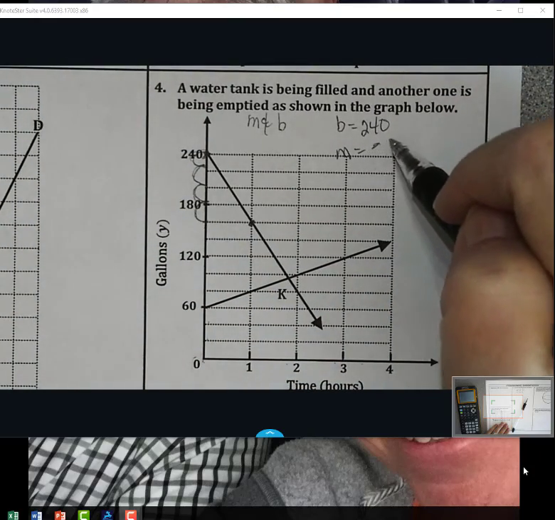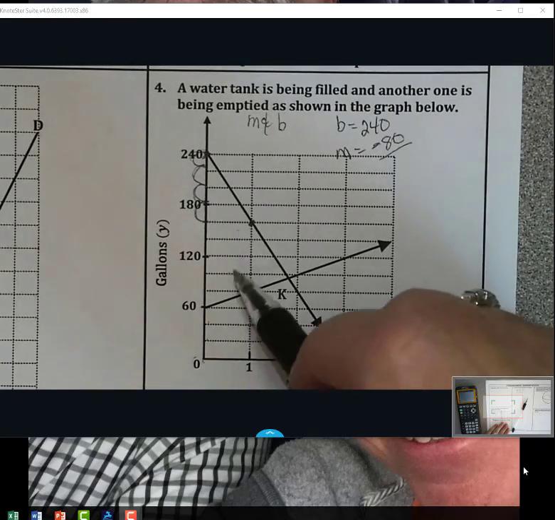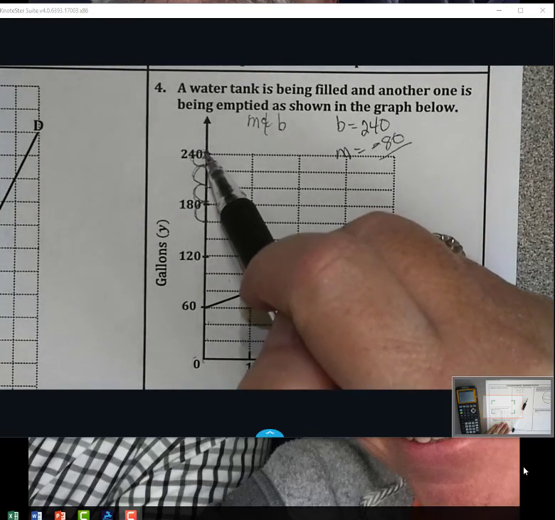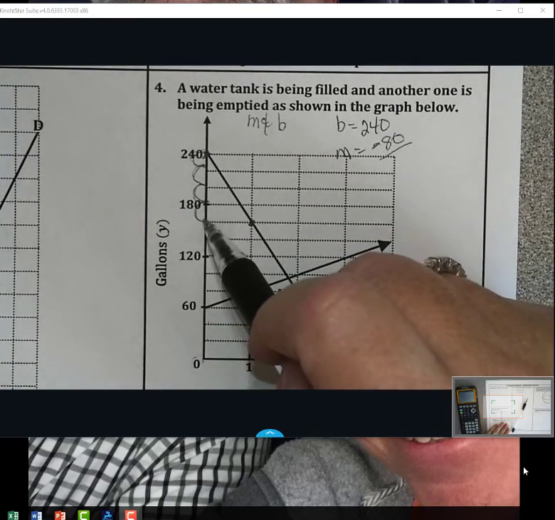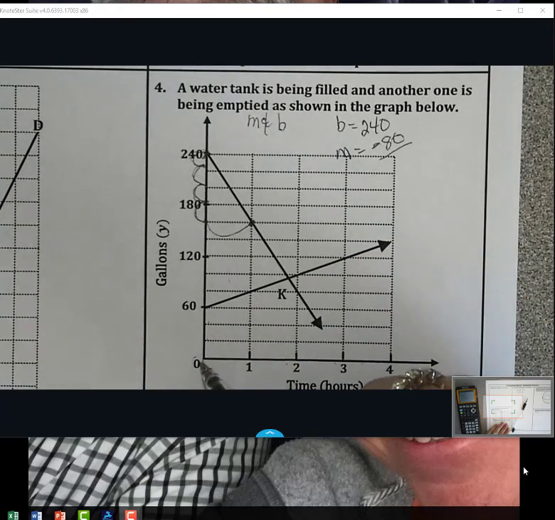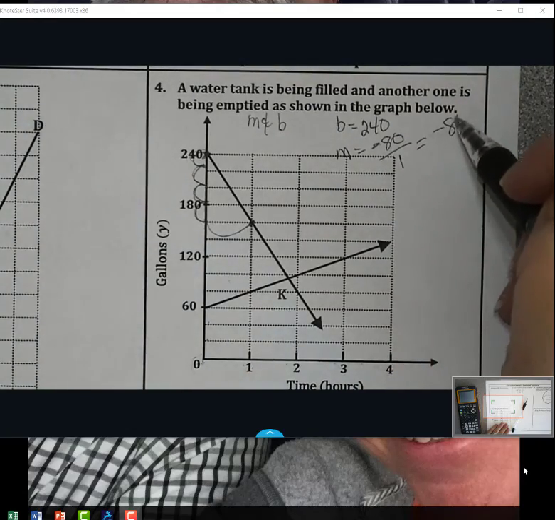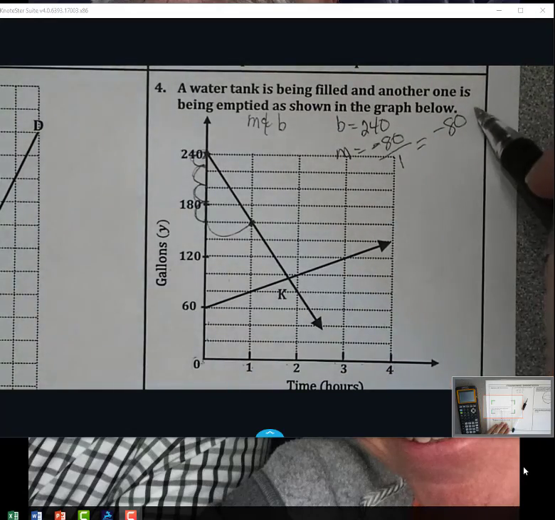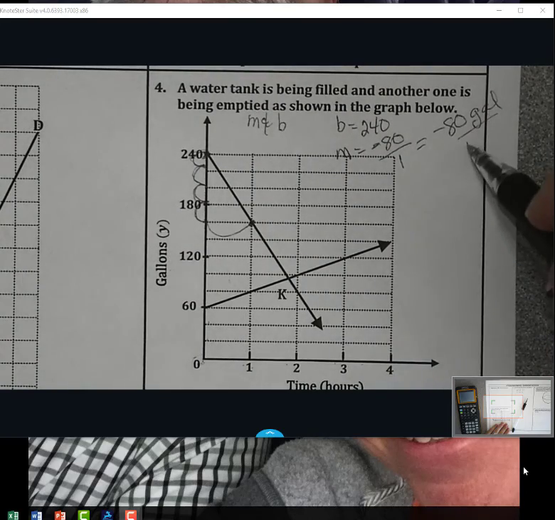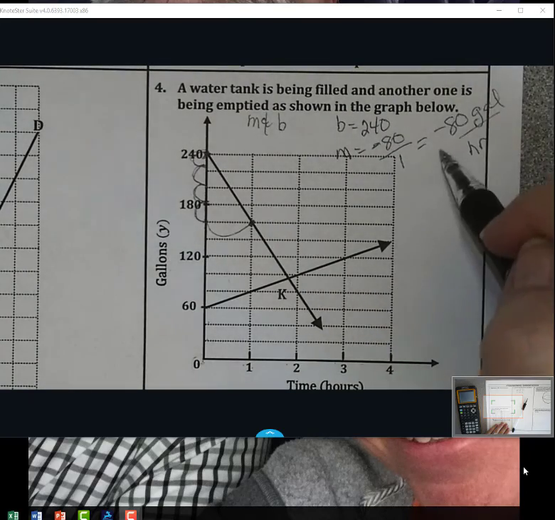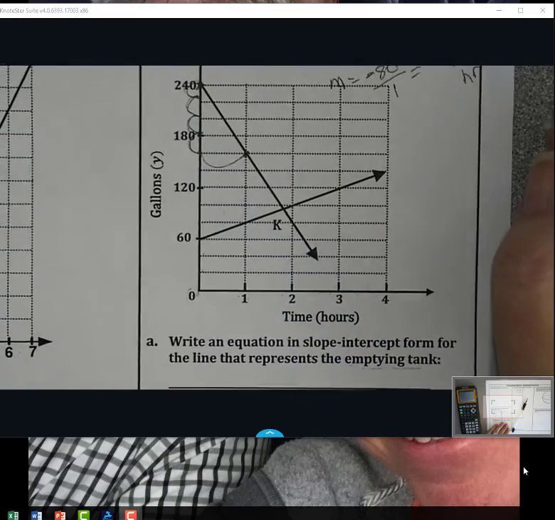Therefore, that would be a negative 80 over, okay, because if I go from here to here, I'm going to go down, and then I am going to go right by 1, and we can see that that is a change of just 1, so negative 80, and the units would be gallons per hour. So the water tank is emptying at 80 gallons per hour.